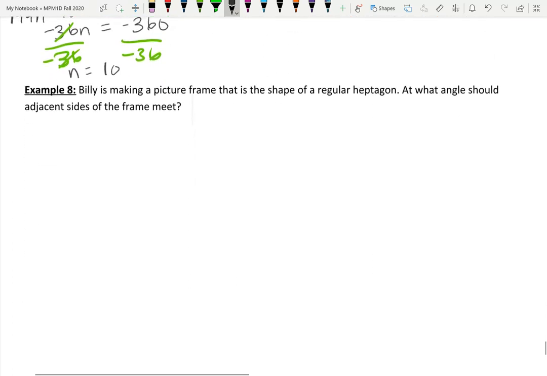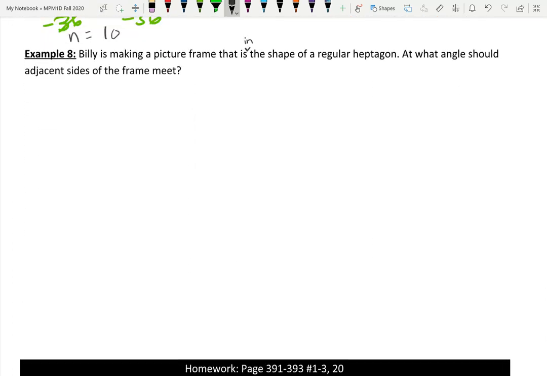And last example, Billy is making a picture frame that is in the shape of a regular heptagon. So a heptagon means 7 sides. At what angle should adjacent sides of the frame meet? So adjacent means sides that are beside each other. Okay, so these two are beside each other and they meet at a vertex.